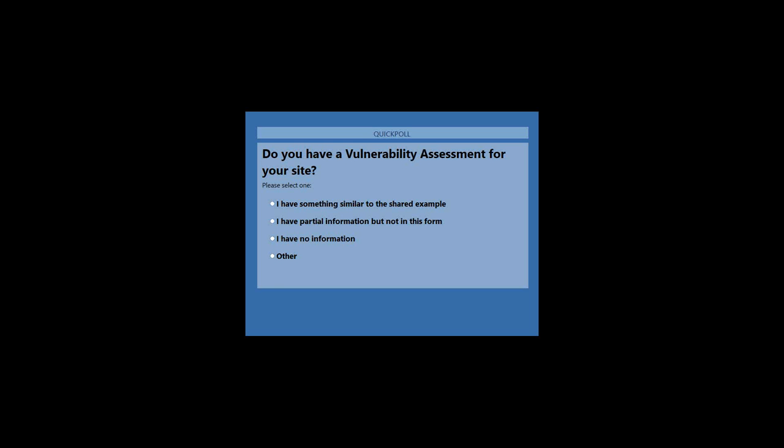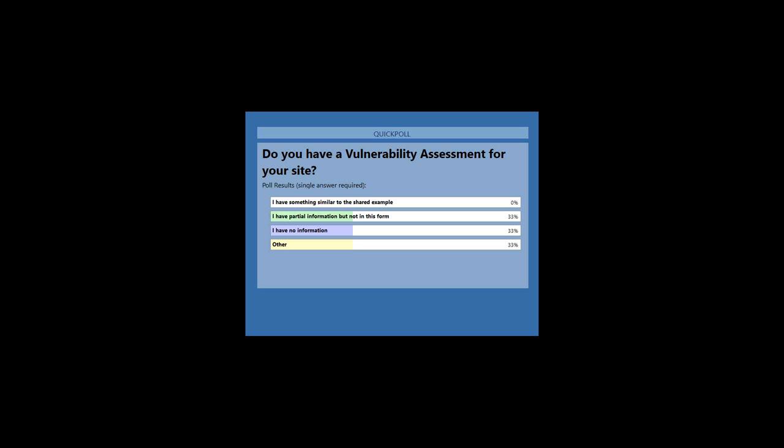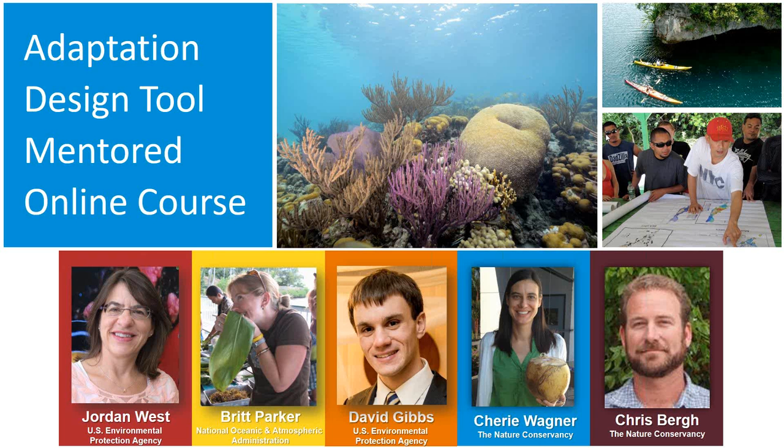Here are the choices. Okay, I'll give you a second to vote. All right, I'll share the results with you. It looks like it's split. Some people have partial information, some have no information, or we got some others. So maybe they do not have one at all. Great, thank you for taking the polls and giving us a little more information.